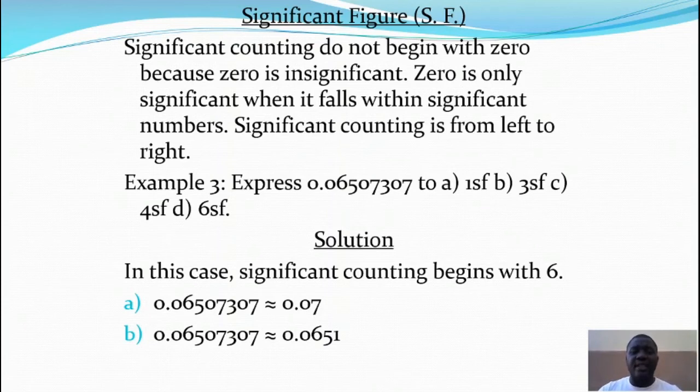So now look at this example. They say we should express this one to 1 significant figure, 3 significant figure, 4 significant figure, and 6 significant figure. So in this case, the significant counting begins with 6, because it is 6 that is a significant number. The two first zeros, they are not significant.